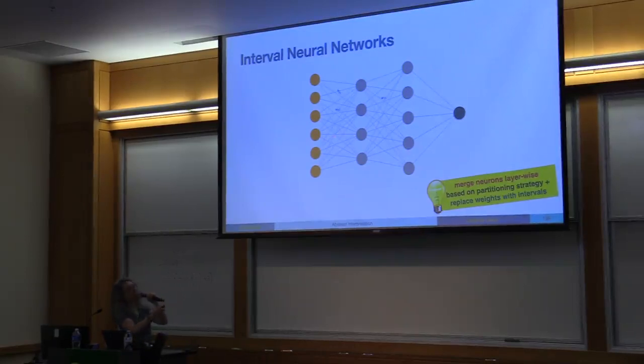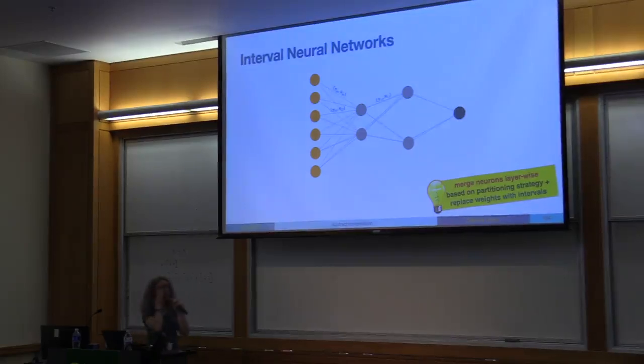I will add it when I correct it. Here, essentially, you have a neural network with some weights on your edges. What they do is basically they merge nodes together, and as a result, instead of single weights, they get interval weights.